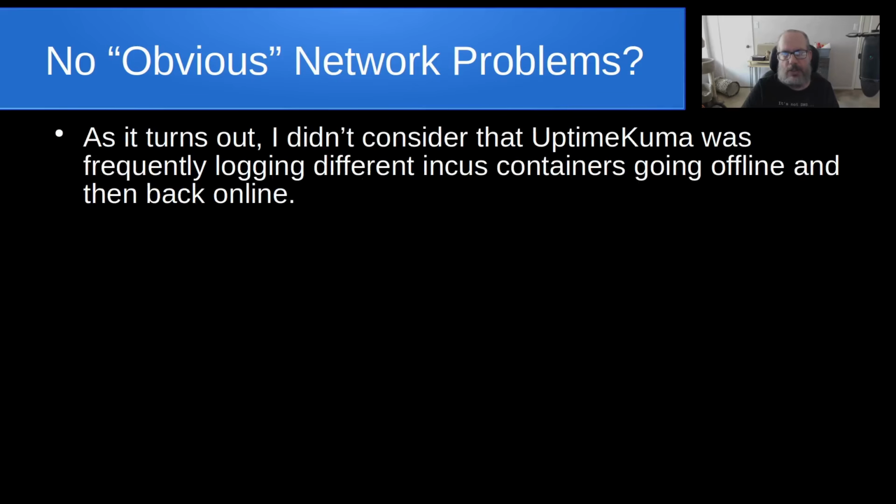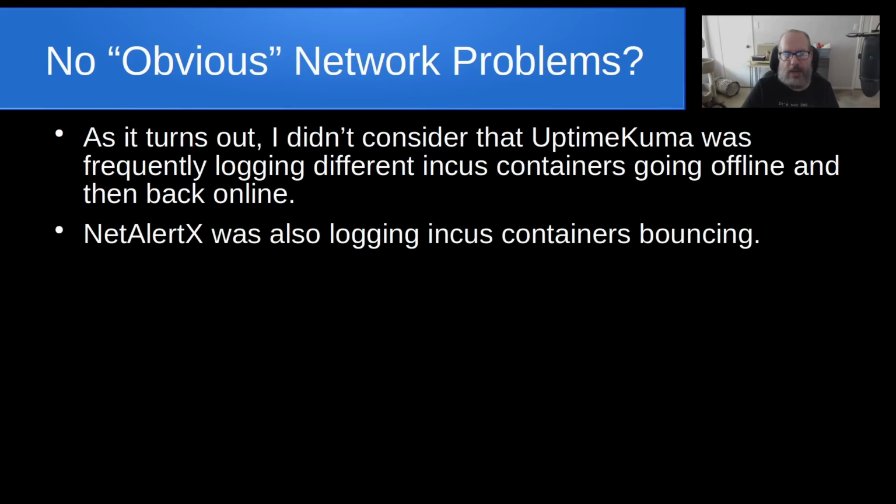So then the question is, no obvious network problems, and that's where you really need to sit down and assess what you think is an obvious problem. As it turns out, I didn't consider that Uptime Kuma was frequently logging different Incus containers going offline and then back online.